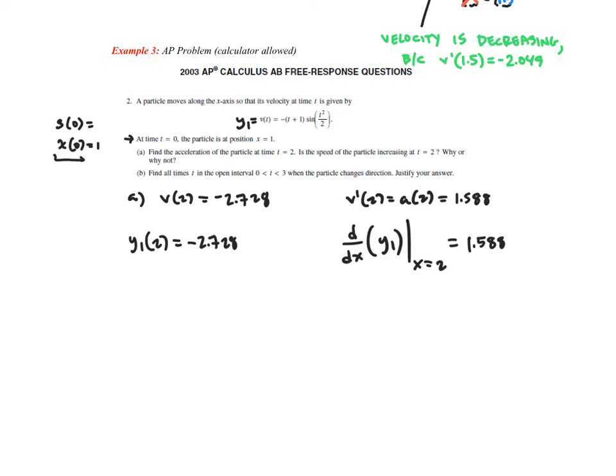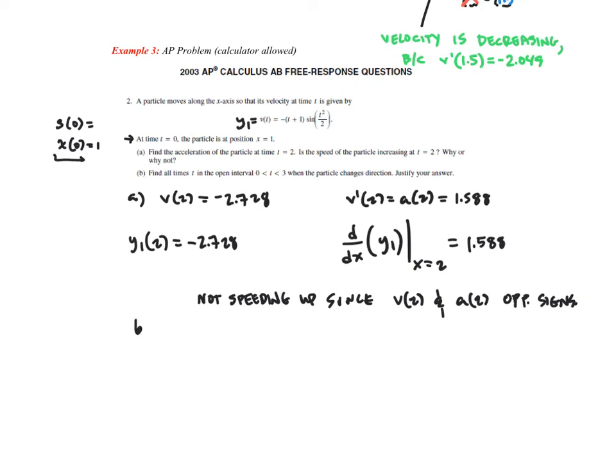We can say no, it is not speeding up, since v of 2 and a of 2 are opposite signs. Okay, on to part B.